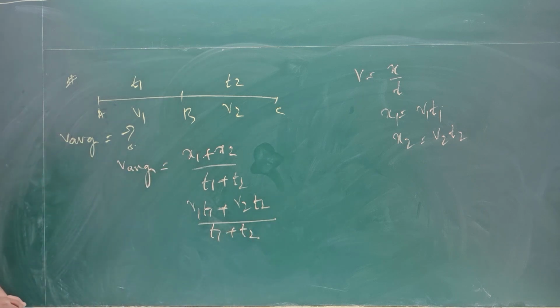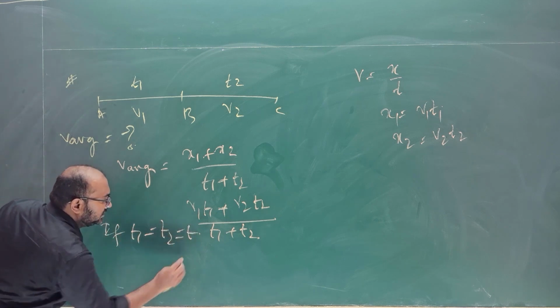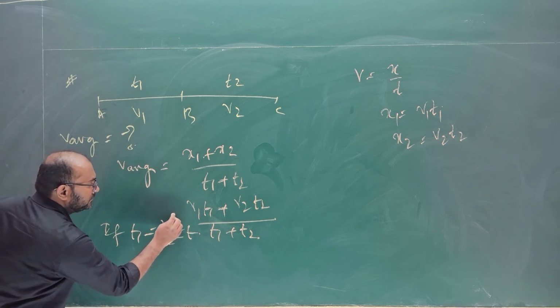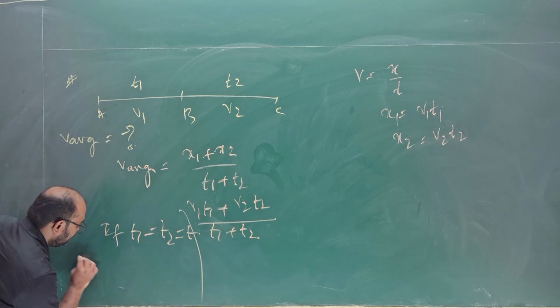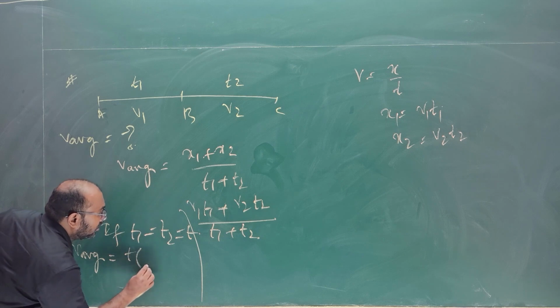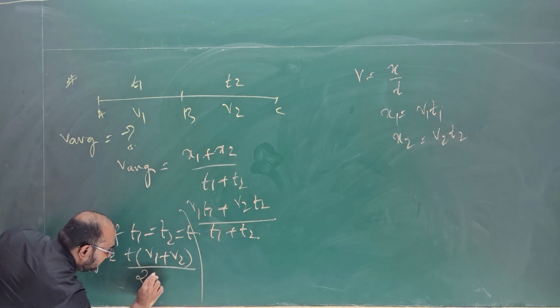Okay. If in this situation t1 is equal to t2 is equal to t, then can I take t common over here? So V average is equal to t taking common, v1 plus v2 upon t plus t, that is 2t.